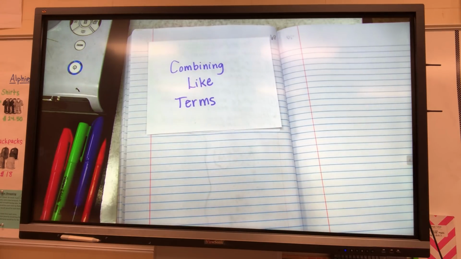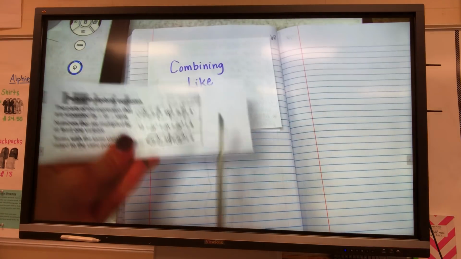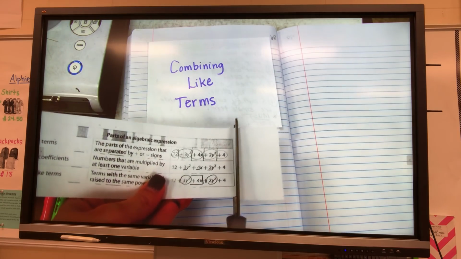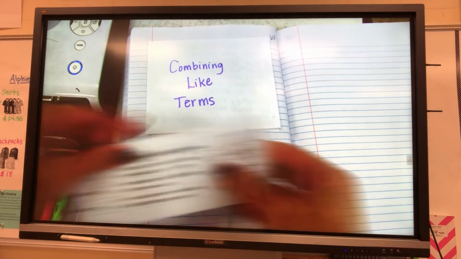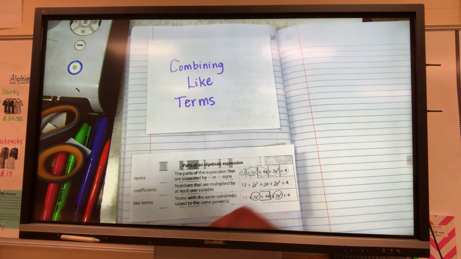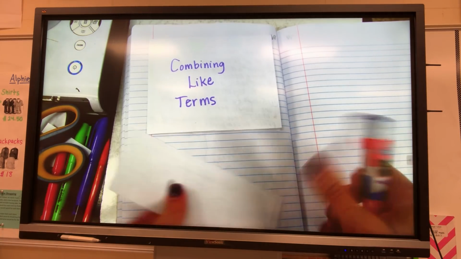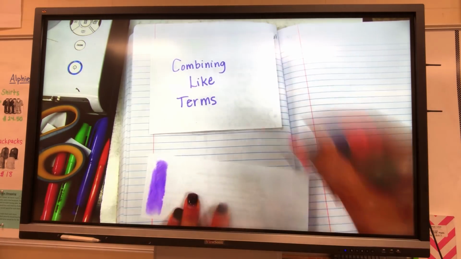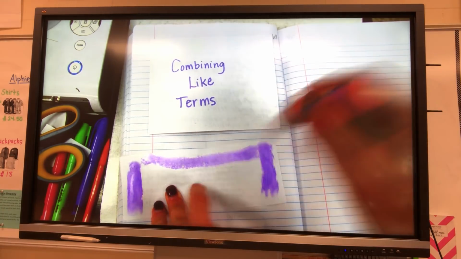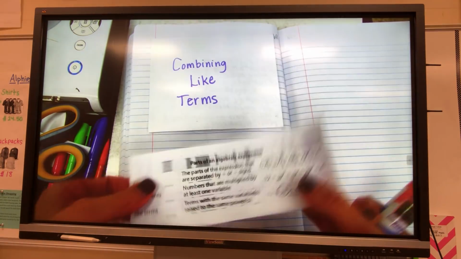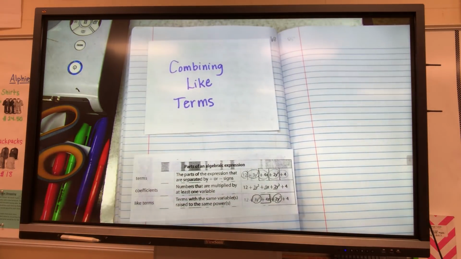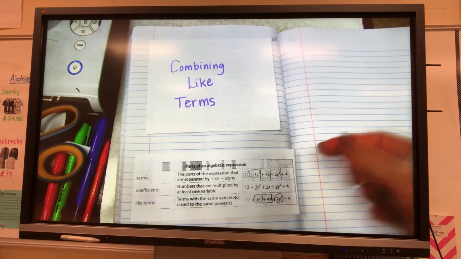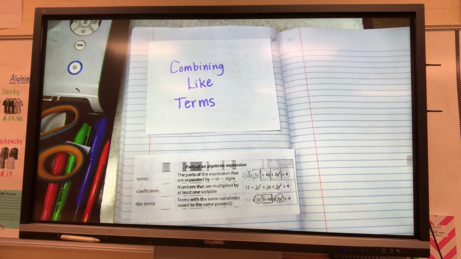You can use your scissors and cut off these edges. You don't need all this. And we're going to glue these to the bottom. So these are going on the same page. Tomorrow we will do examples on page 69 for combining like terms.